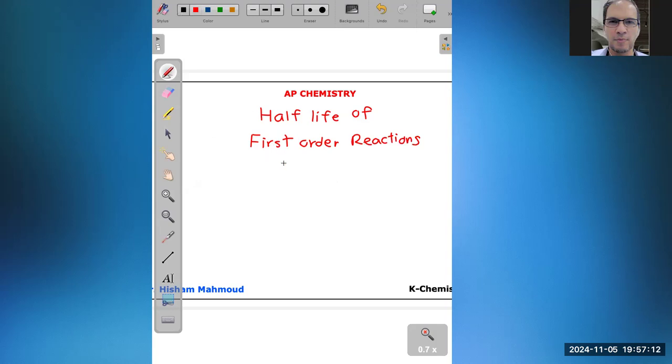The half-life of a first order reaction is the time needed or required for the reactant to reach half its original concentration.